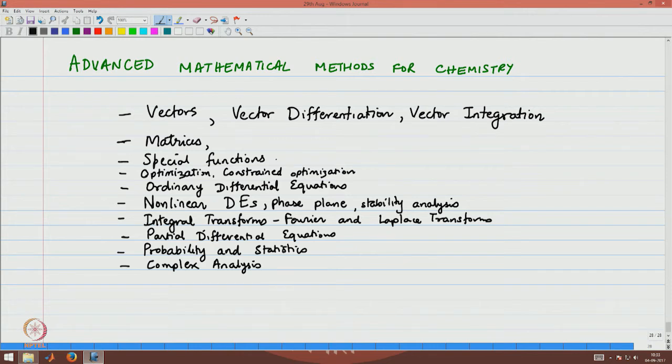We learnt about special functions like the gamma function and so on. Then optimization, constrained optimization. Then ordinary differential equations, where we looked at various first order and second order differential equations. We also looked at nonlinear differential equations where we analyzed the phase plane and did the stability analysis. We looked at integral transforms such as Fourier and Laplace transforms. We saw partial differential equations, probability and statistics, and complex analysis.